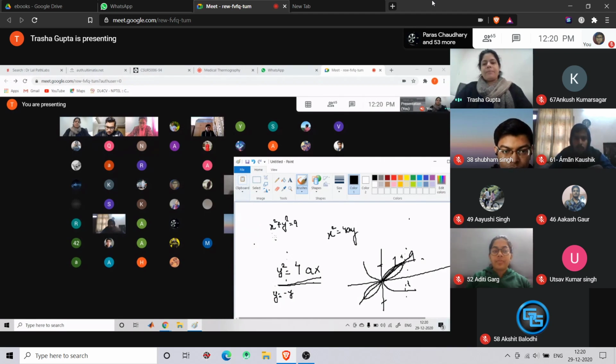Is that fine? Yes, you can write down some points: symmetric about x axis, symmetric about y axis, symmetric about both the axes. Then symmetrical in opposite quadrants, or about origin.